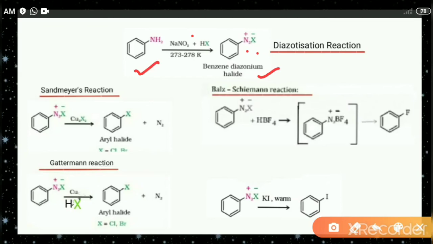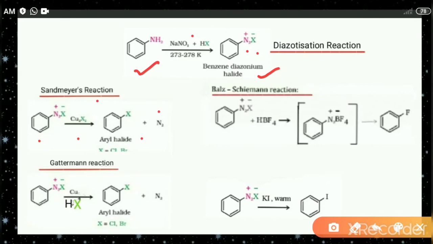From this benzene diazonium halide we can prepare a number of haloarenes. Let us first prepare a halo compound. When benzene diazonium halide is treated with Cu2X2, it gives rise to an aryl halide. You can see that N2 is removed and we get this aryl halide.